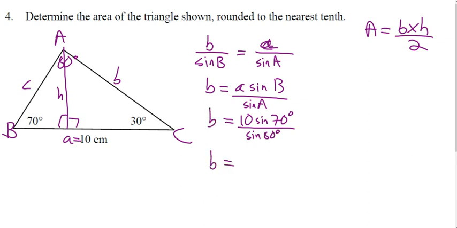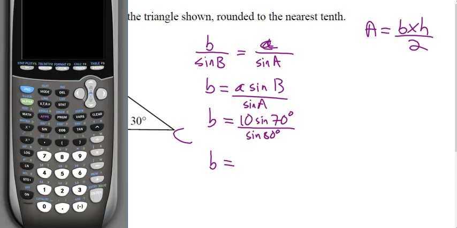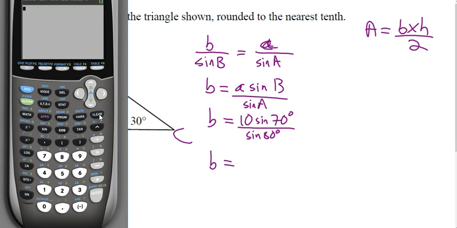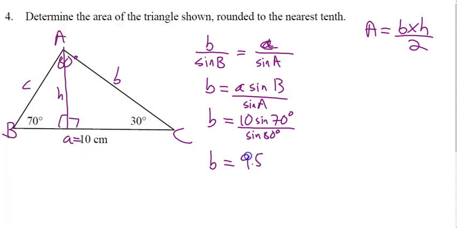Little b is 9.5418888, blah, blah, blah.